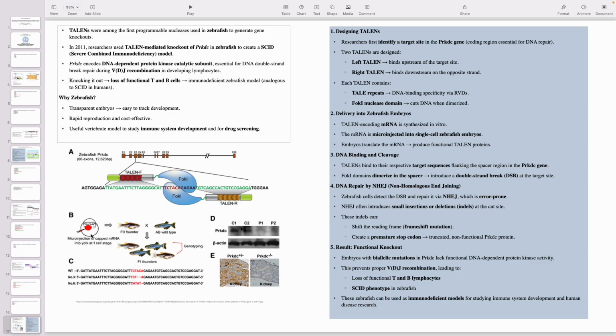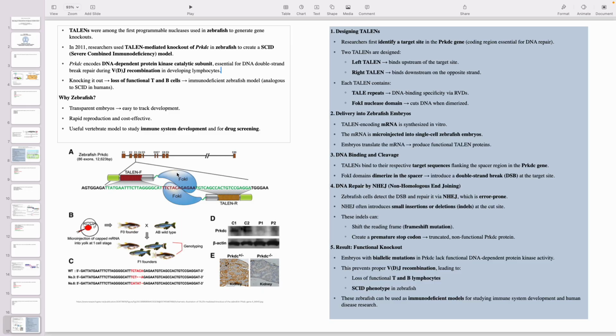The embryos translate the mRNA and produce functional TALEN proteins. Then DNA binding and cleavage happen. The TALENs bind to their respective target sites, flanking the spacer sequence, which is cleaved by the FokI endonuclease in the PRKDC gene. The FokI domains dimerize and introduce the double-stranded break at the target site.